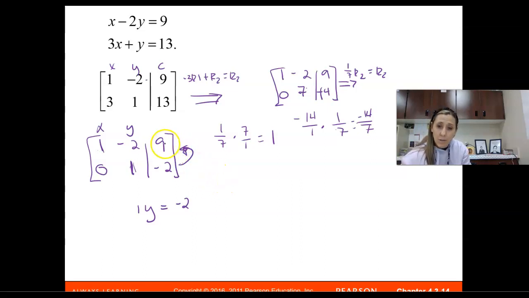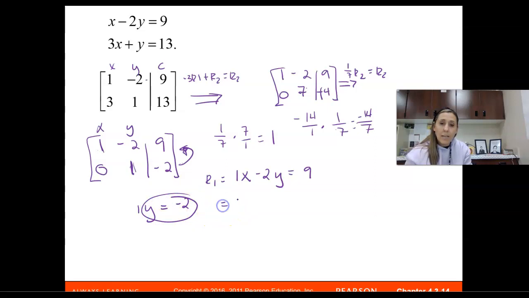So this row 1 says 1x minus 2y equals 9. Well, I know what y is; we just said that right here. So I'm going to get 1x minus 2 times -2 equals 9. -2 times -2 is +4, so x plus 4 equals 9.